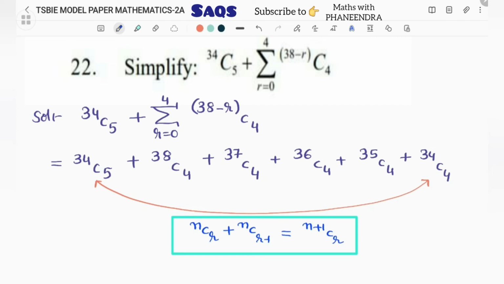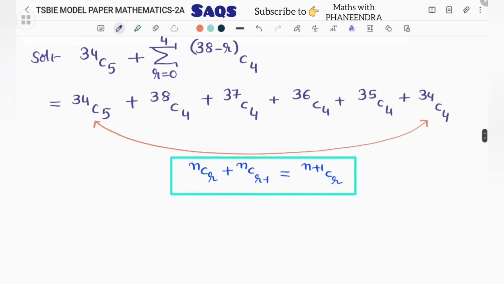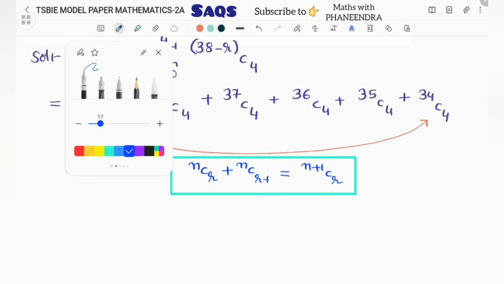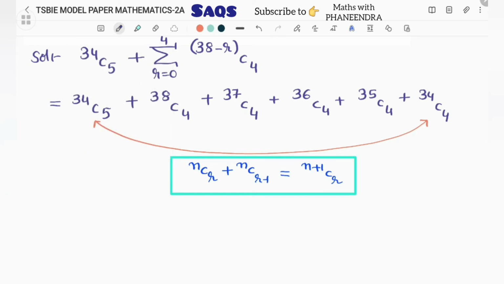See that the first term 34C5 and 34C4 can be written with 5 minus 1, in this nCr plus nC(r minus 1). So we can write it as the first term and the last term as n plus 1, so 34 plus 1.